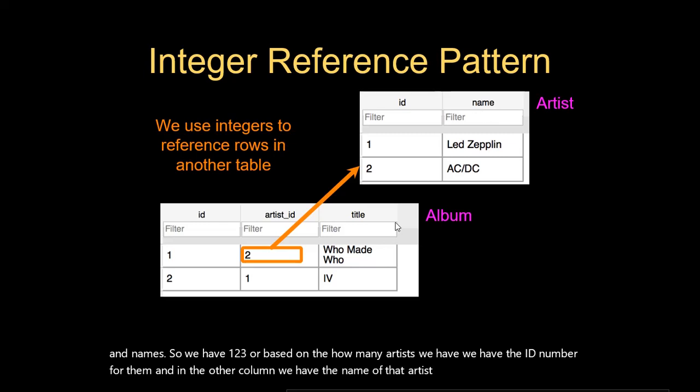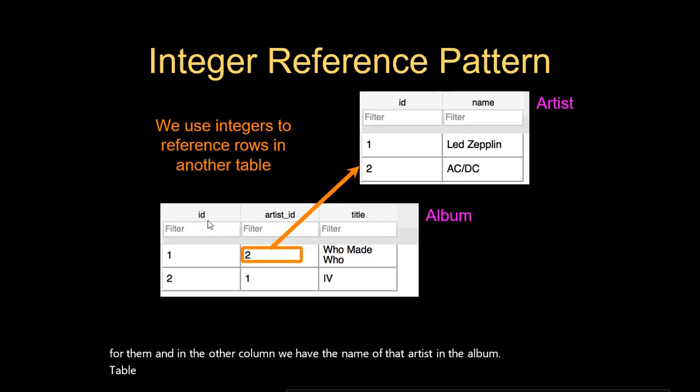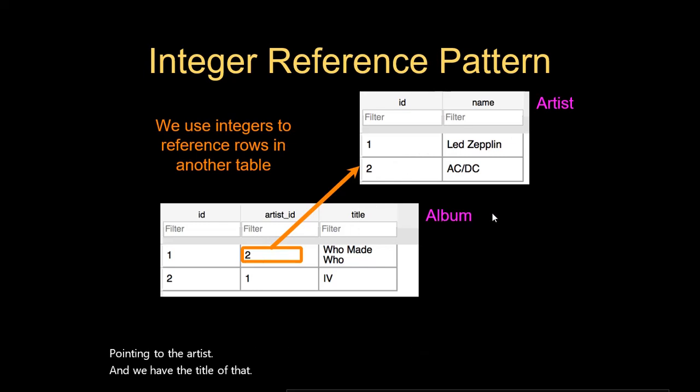In the album table, we have the ID for the album, we have the artist ID, which is a foreign key pointing to the artist, and we have the title of that album. And in this case, we use this integer to identify the artist in the artist table.